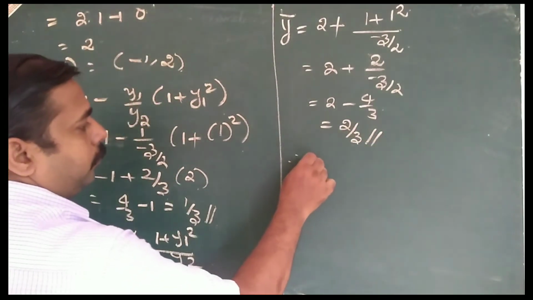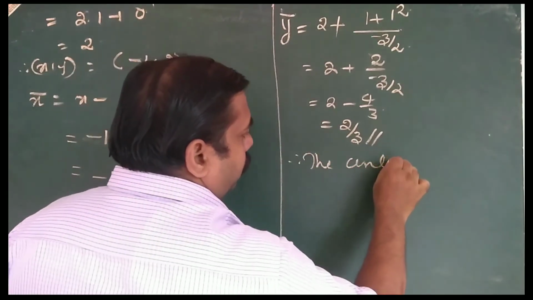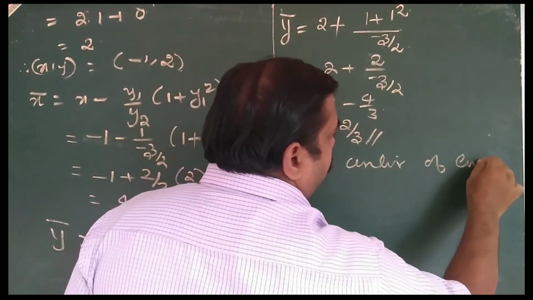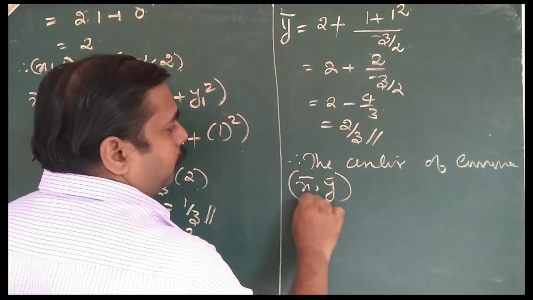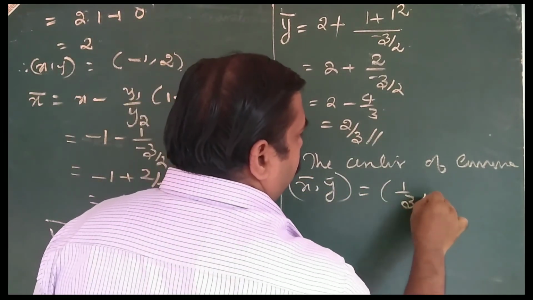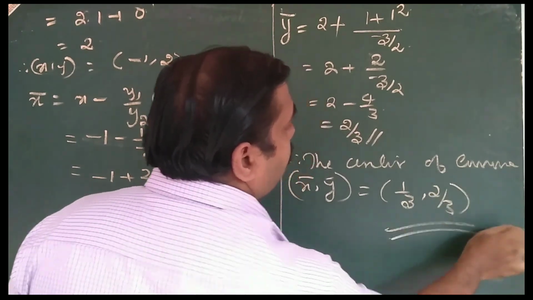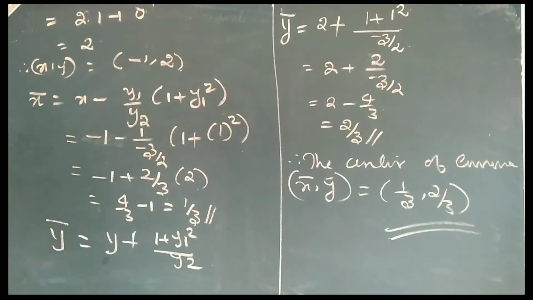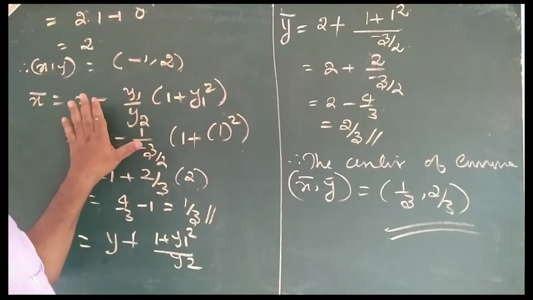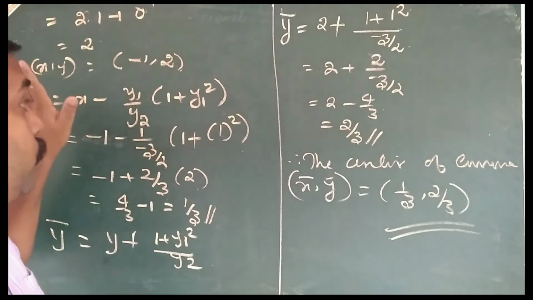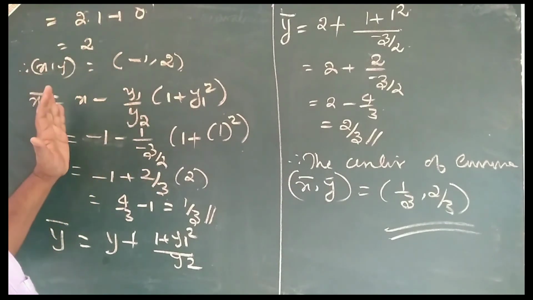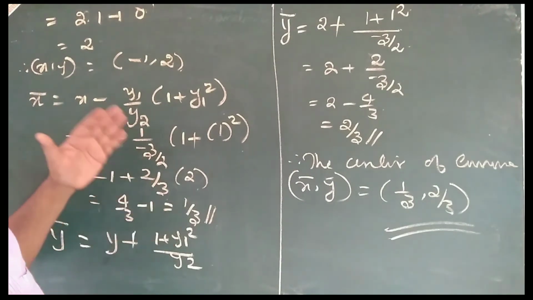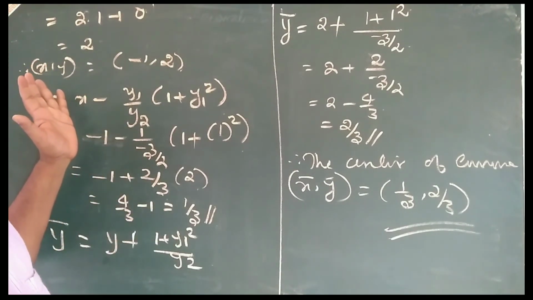Therefore, this is our answer. Here x and y are given, not a particular point. So at last we substitute the point pi/2 for x and y, then substitute here. Don't put it first, otherwise you will get the constant only.